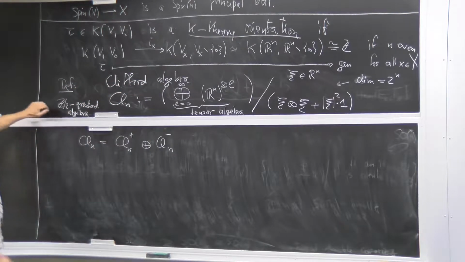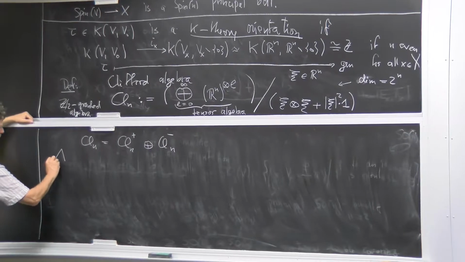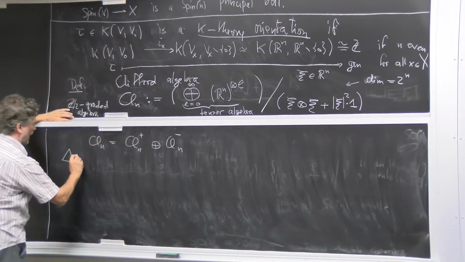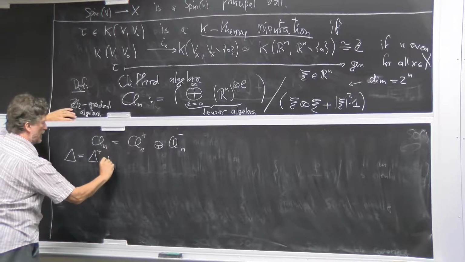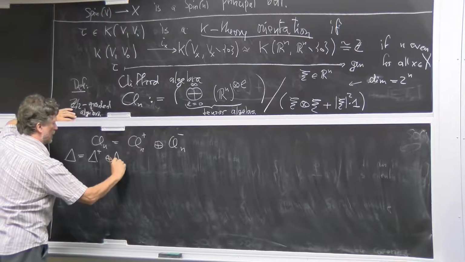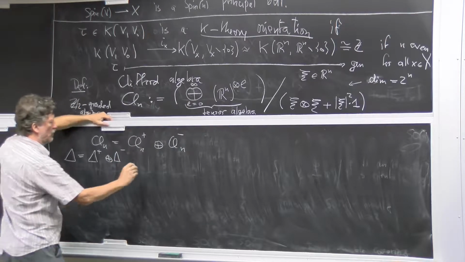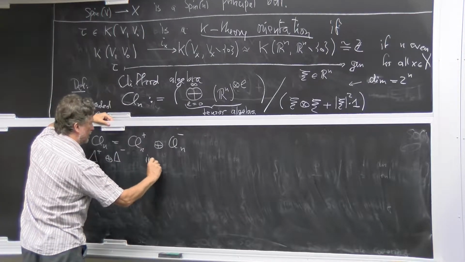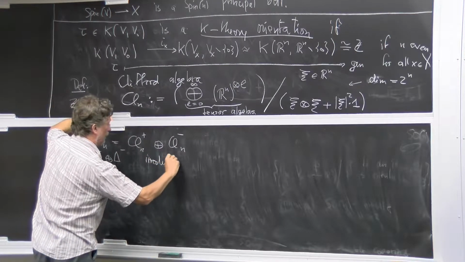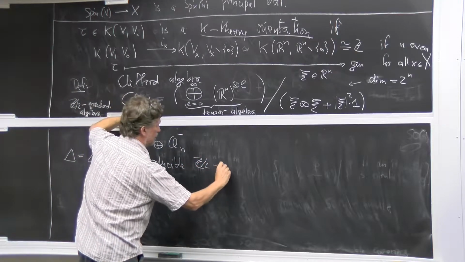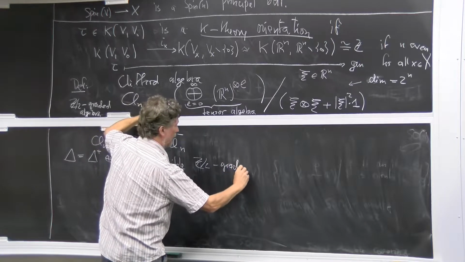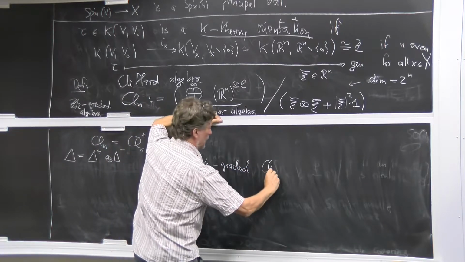Now I want to take a module. So let's say lambda, and it should be a Z2 graded module, so it decomposes into a plus part and a minus part. Should be an irreducible Z2 graded module over this.